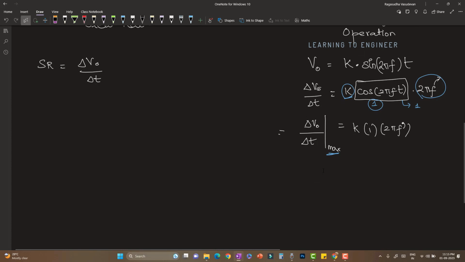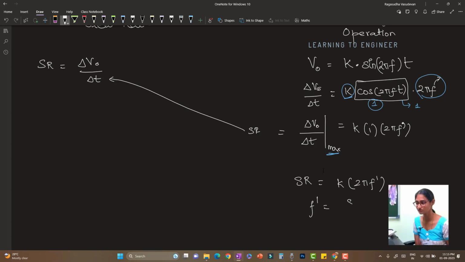And this is also called the slew rate, which we just saw. So the slew rate is equal to k into 2 pi f dash, and what is f dash now? This will be slew rate divided by k into 2 pi, and this is in the unit of hertz.